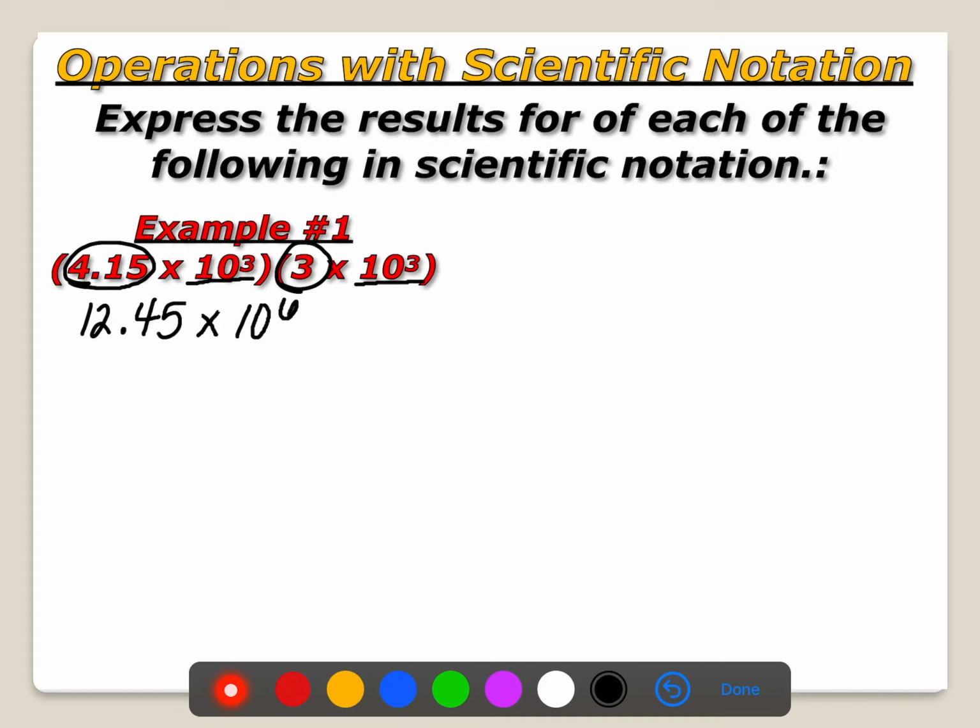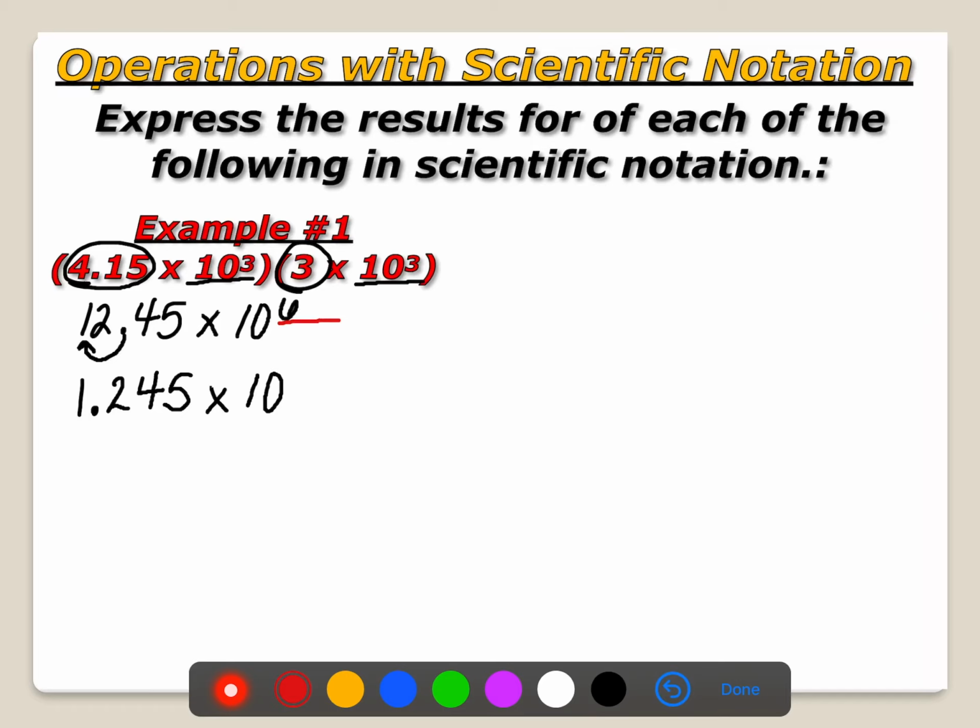Now my coefficient is not following scientific notation rules, which means I have to adjust my decimal point. And I'm swooping this one space to the left so that my coefficient is now in between 1 and 9.